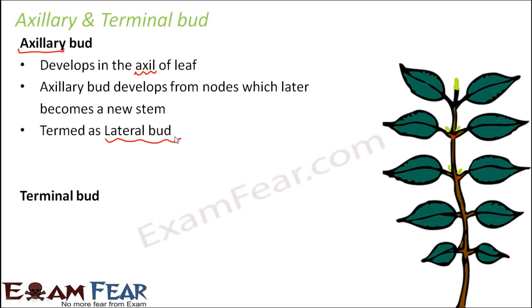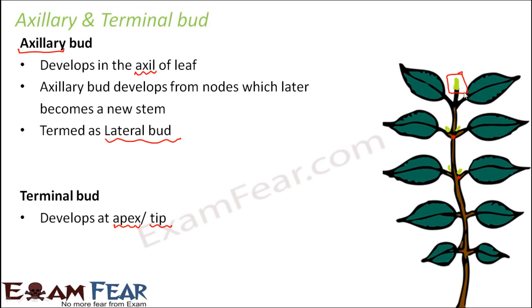Whereas when I say terminal bud, what is terminal? Terminal generally denotes end of something, right? So this kind of buds develop at the apex or at the tip. So this is my terminal bud or apical bud because this is the apex. If you see, this is the main stem. So now once you have a bud here, it doesn't grow further. But lateral buds, at each node you have natural buds.